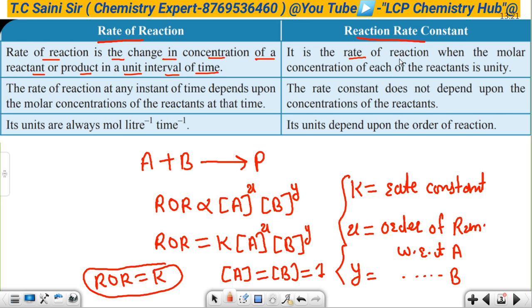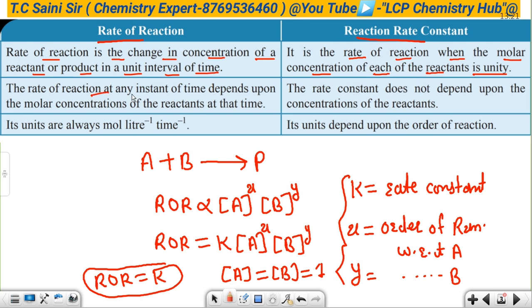It is the rate of the reaction when the molar concentration of each of the reactants is unity. When we consider the concentration of each reactant to be unity, then rate of reaction will be equal to reaction rate constant.